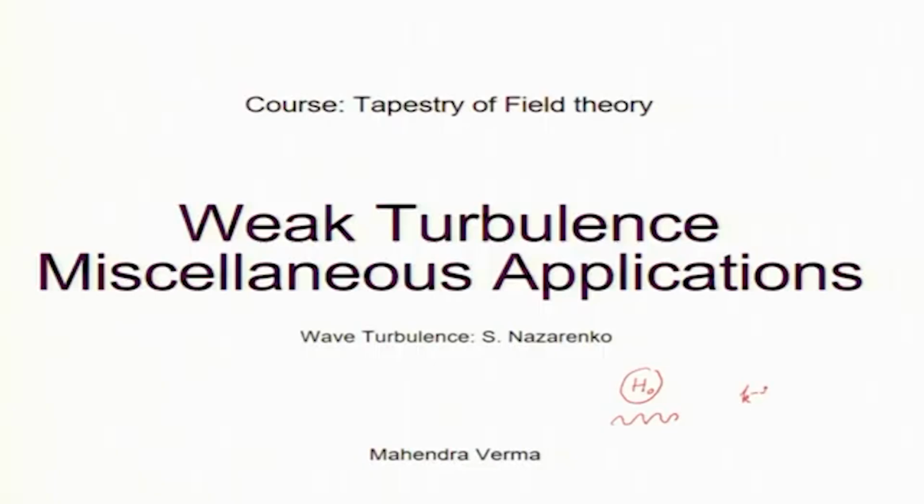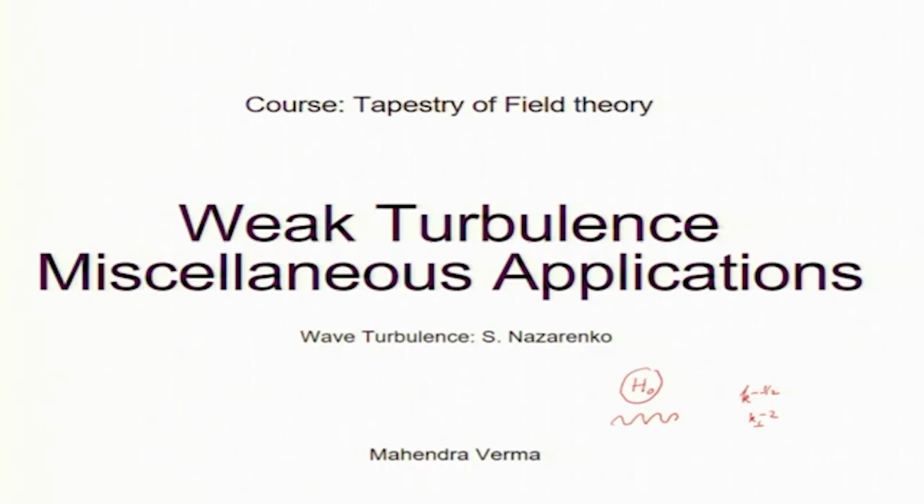So, we showed that the spectrum for wave turbulence with constant u naught is k^(-3/2), okay, under some limit, but there is another theory which is k^(-2). So, I showed it in the last class. I am going to do some more examples, okay.